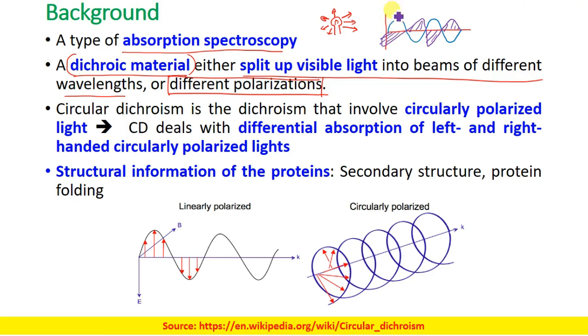So suppose this blue line is the electric field, then this purple line is the magnetic field. So any light wave, when it is traveling, has an electric field and magnetic field which are perpendicular to each other.